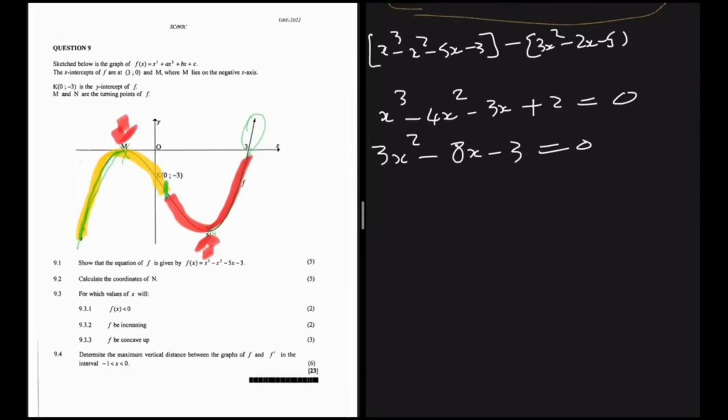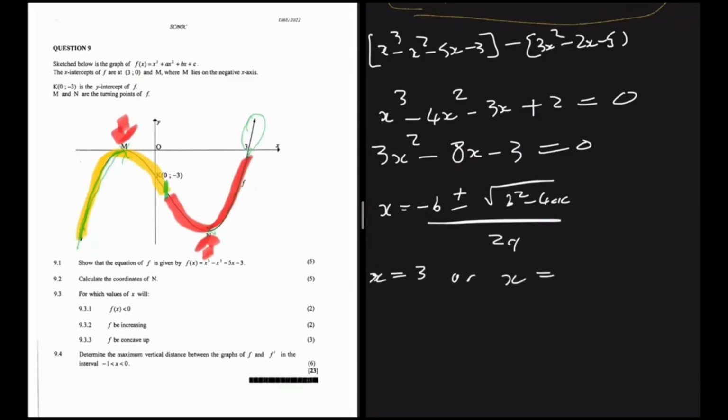I've already told you I don't know how to factorize when it's like this. I always use the quadratic formula. So that will be x equals minus b plus or minus the square root of b squared minus 4ac, divided by 2a. And then x equals 3 or x equals minus 1 divided by 3.